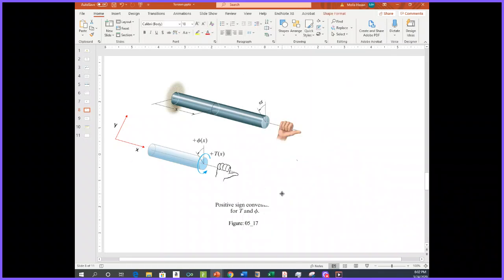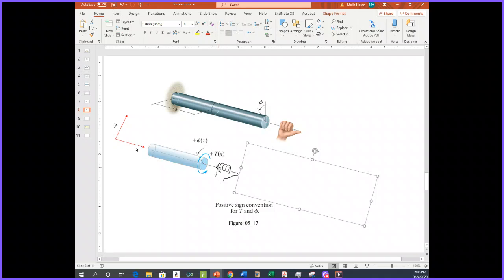Let me hide this one for the time being. As I said, the torque and angle of twist are positive if the thumb is directed outward when the fingers curl to give the tendency for rotation.